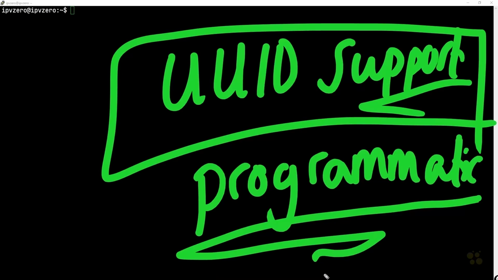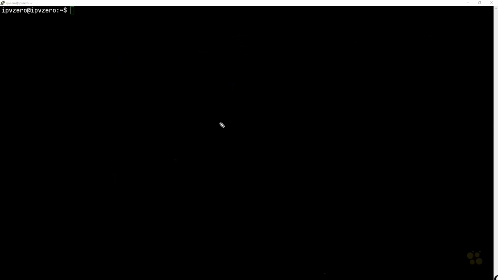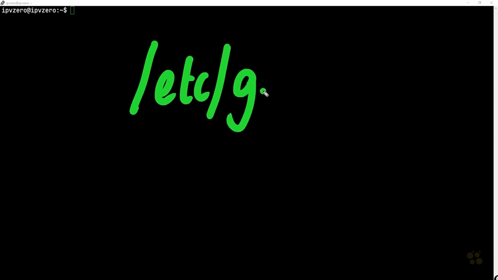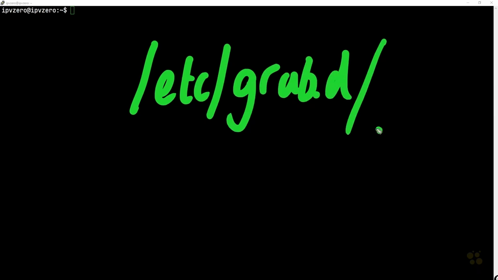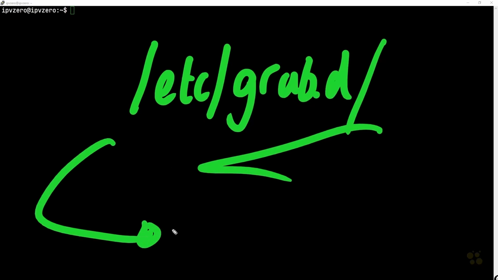Now, with respect to Grub2, we do have some particular locations that we want to be aware of. The first location we want to check out is in the etc directory and in the grub.d directory within that. What you're going to find within this directory are a whole bunch of templates.